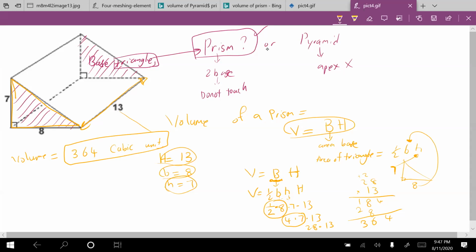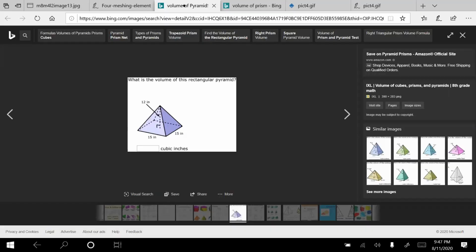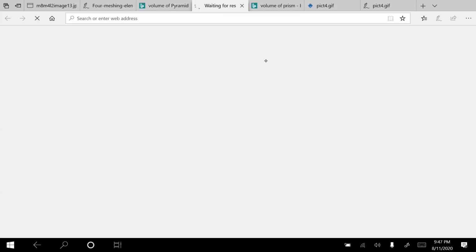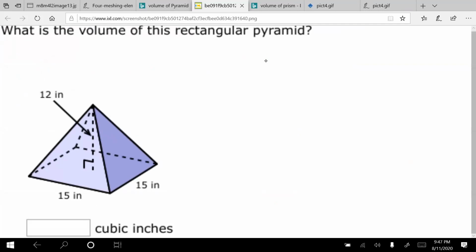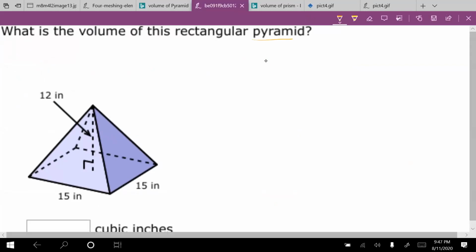Let's try one more. I hope we're not tired. We just need to practice. That was a prism. Let's try to practice the volume of a pyramid. So this is a pyramid. We know it has an apex, and the base is directly across from the apex, and the height of the pyramid is 12, the distance between the apex and the base.